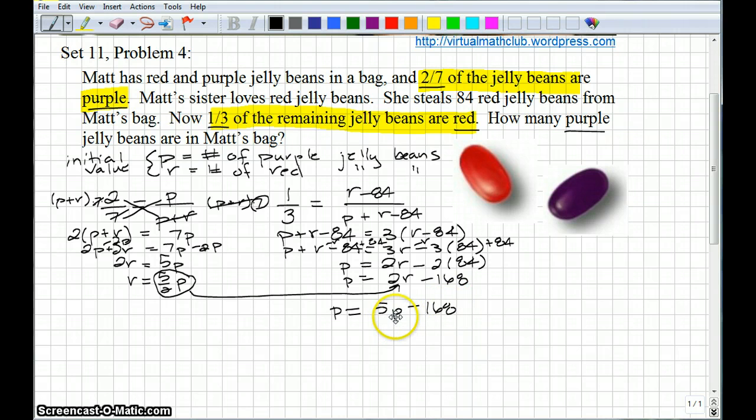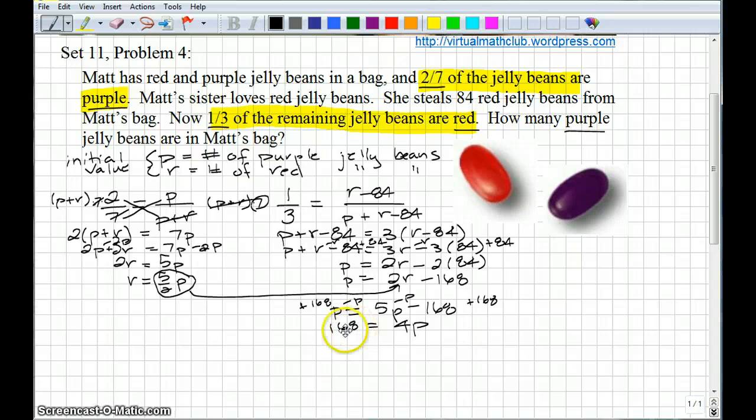Alright. So I think what I'm going to do is subtract p from both sides, and I'm going to add 168, just so I can get positive numbers. And then I get 168 is equal to 4p. And then if you divide 168 by 4, that's just dividing by 2 twice.